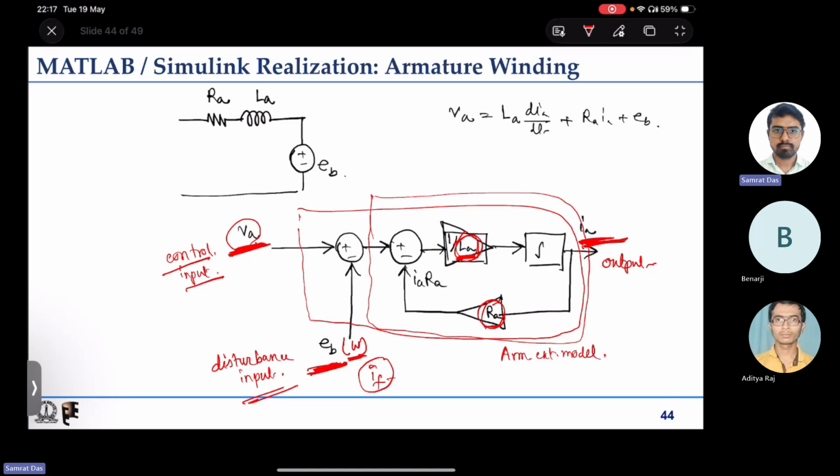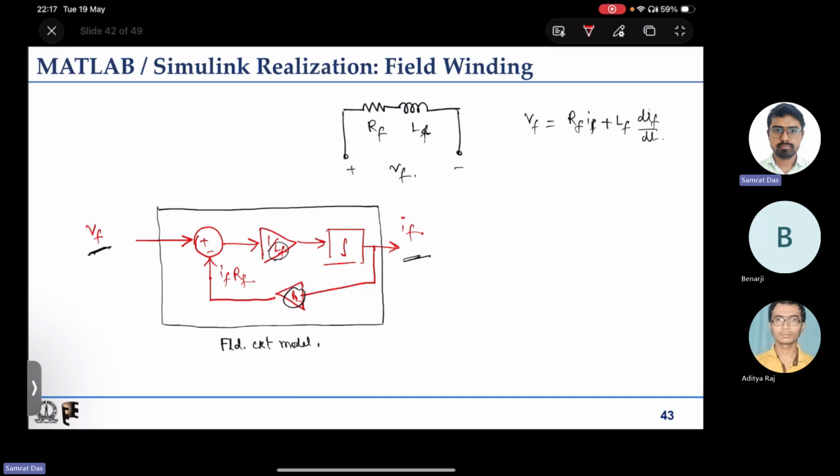So what I'm telling is, this is the armature circuit system. Previously we discussed the field winding system, where we have the two parameters LF and RF, right? And the time constant of this: if we change VF suddenly, suppose IF was 0 before, it will take some time to reach steady state, and that will be a first order system.